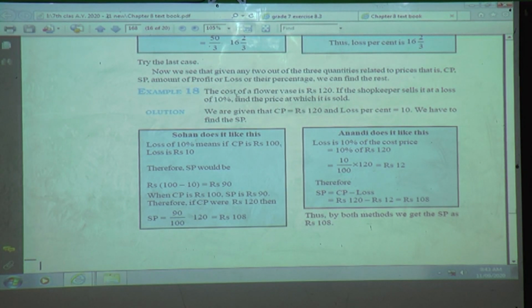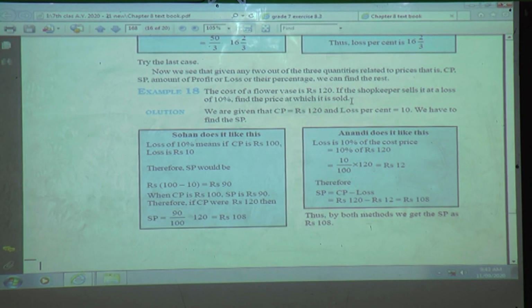Here the cost of a flower vase is rupees 120, that is CP is 120. If the shopkeeper sells it at a loss of 10%, here the loss percentage is given to us. Find the price at which it is sold.